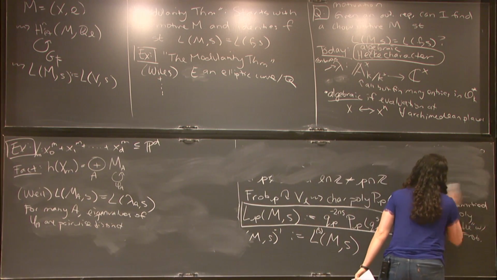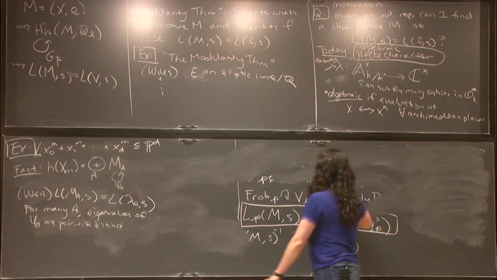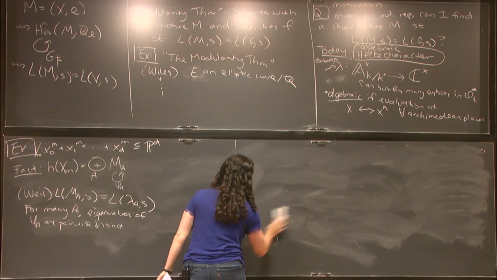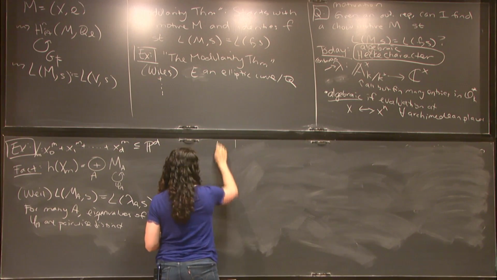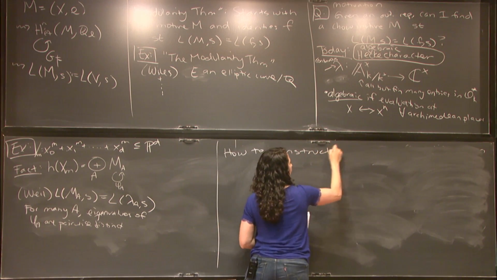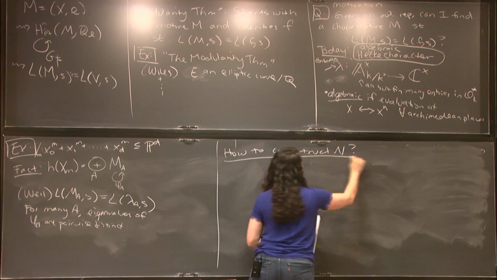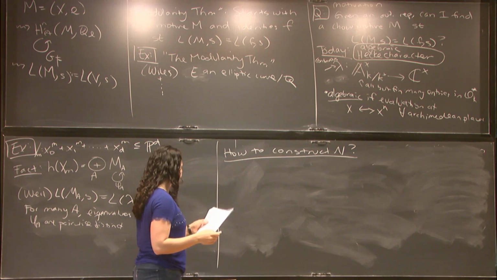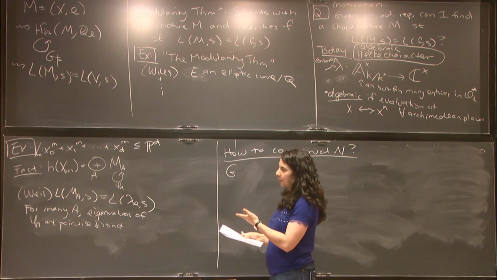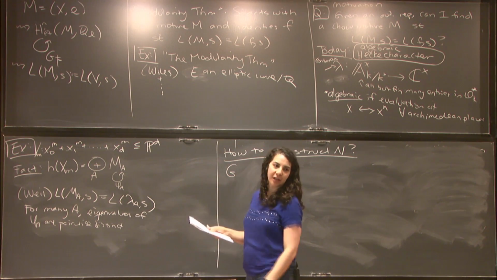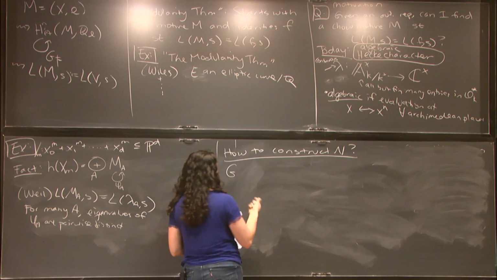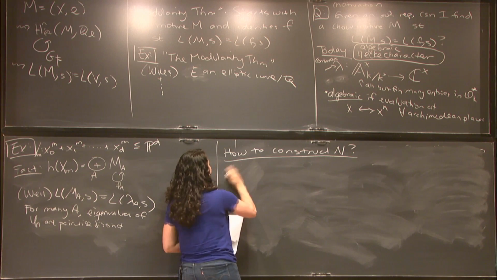Okay, so how do I produce this motive? How to construct this guy? It's not so difficult. What we need is a group. As the hypotheses of the theorem imply, we're going to exploit the action of this phi, right? So we want to use this phi to define a group action, right?